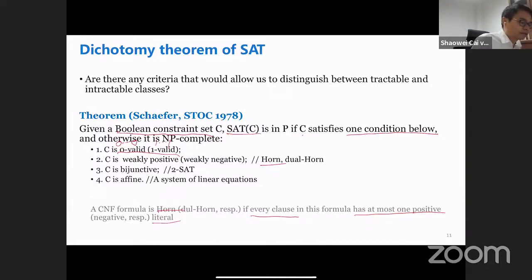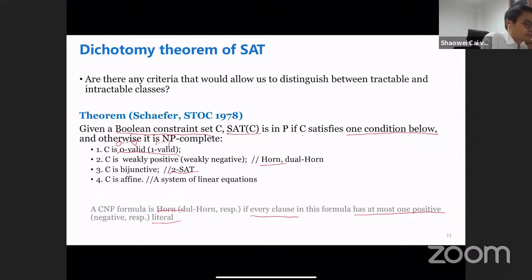And we also have the weakly negative case. This corresponds to dual Horn formula. So they are just symmetric. And the third case, C is bijunctive. So for the SAT problem, this means the 2-SAT problem.